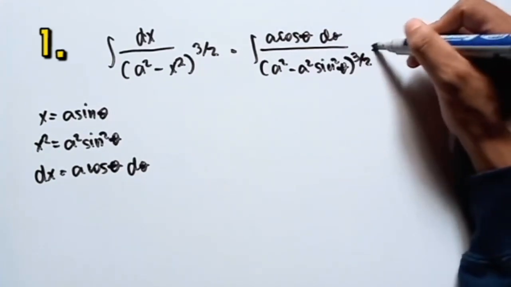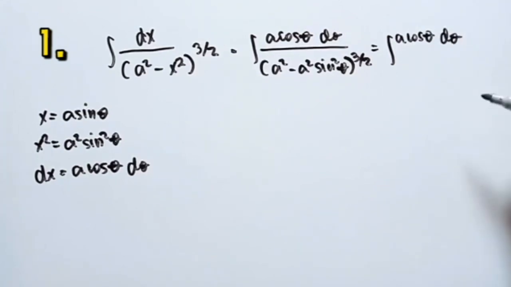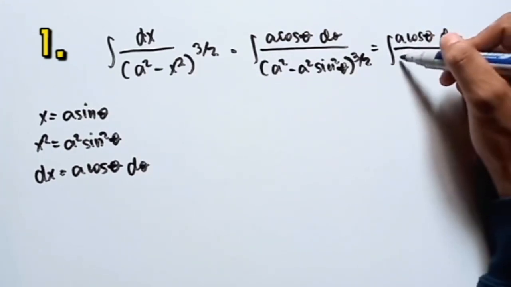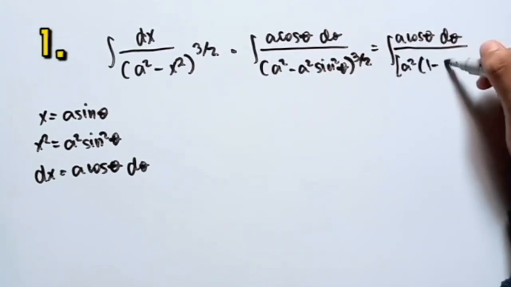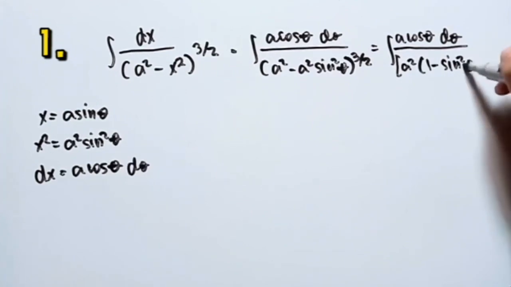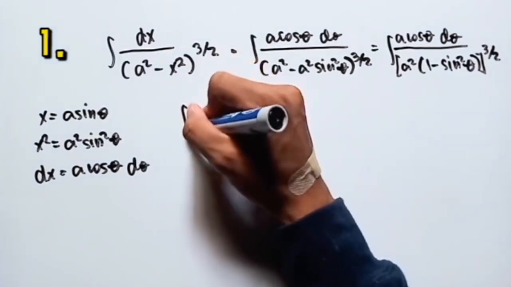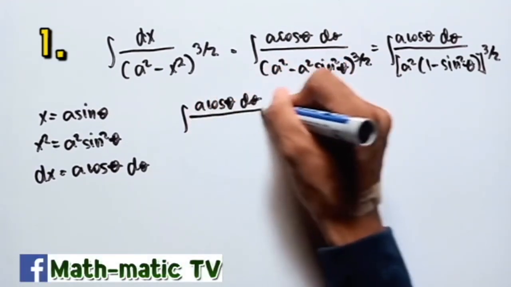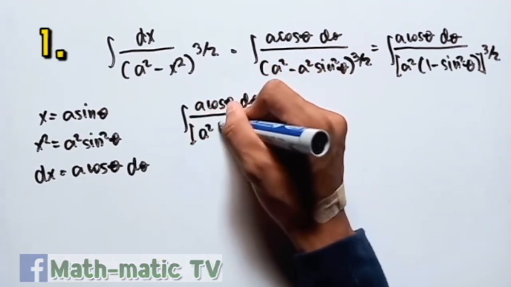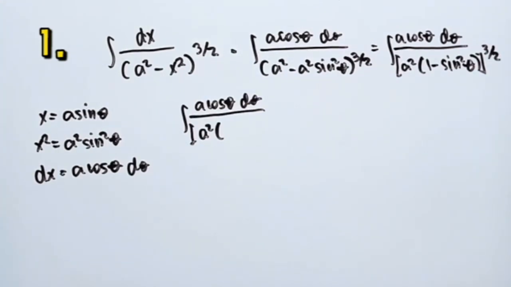And this is equal to the integral of a cosine theta d theta over, I will factor out the a squared, times 1 minus sine squared theta raised to 3 halves. Hence, this is equal to the integral of a cosine theta d theta over a squared times 1 minus sine squared theta, which is equal to cosine squared theta.